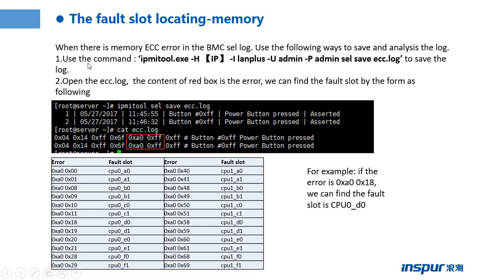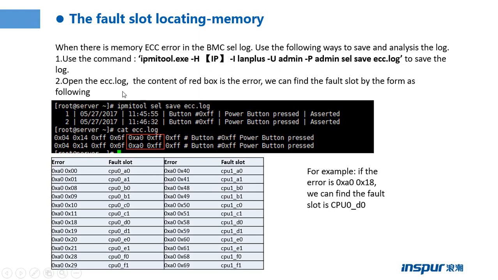Step 1, use the command. It is also the IPMI2 tool to save the log. This one is the BMC IP, the admin, the password, SEL. This one is the log's name. We can use other names, it is all up to you.